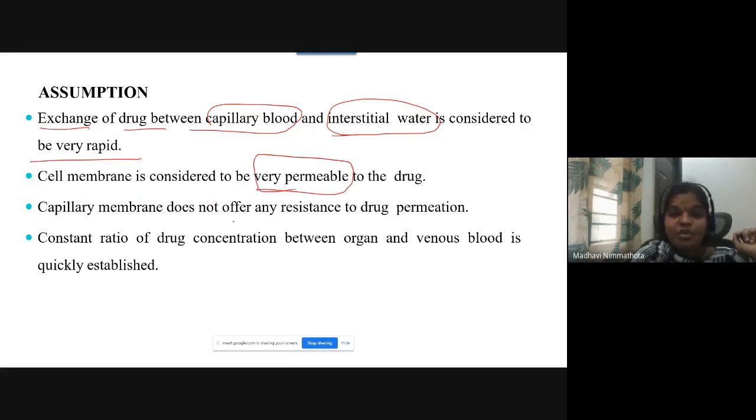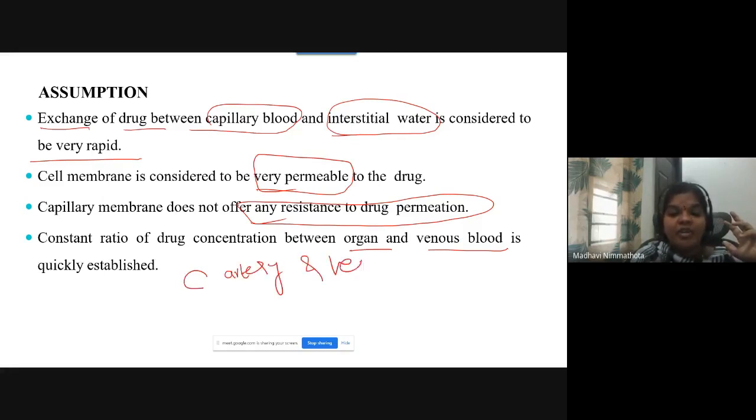The capillary membrane does not offer any resistance to drug permeation. That means the capillary membrane is permeable in nature and doesn't have any resistance to drug permeation. And there is a constant ratio of drug concentration between the organ and venous blood. So you always need to estimate the concentration of the drug between the artery and veins.